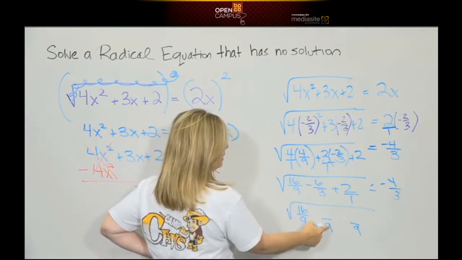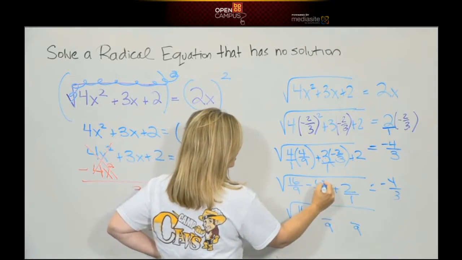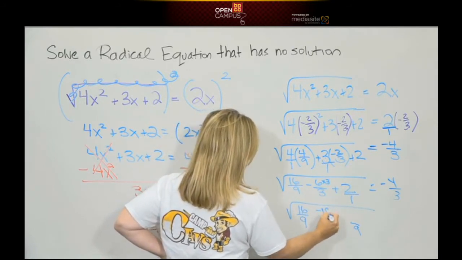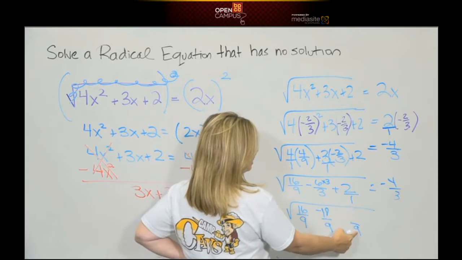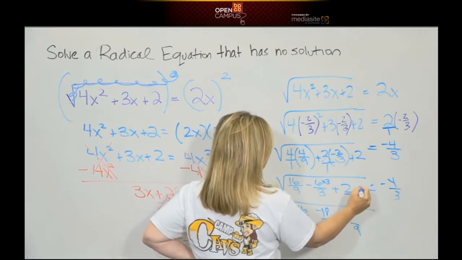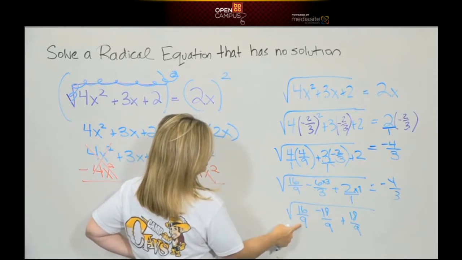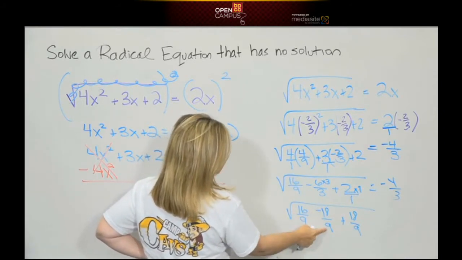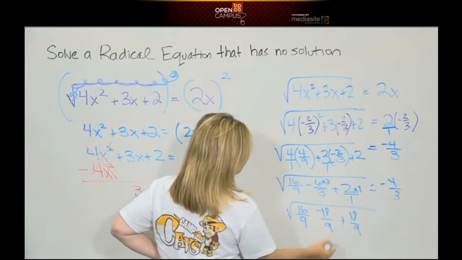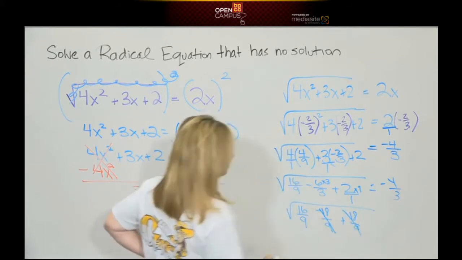To make a 3 become a 9, we multiply by 3. So negative 6 times 3 is negative 18. To make a 1 become a 9, we multiply by 9. So 2 times 9 is 18. Well, what happens when you have 16/9 minus 18/9 plus 18/9? Well, these two fractions will add up to 0.